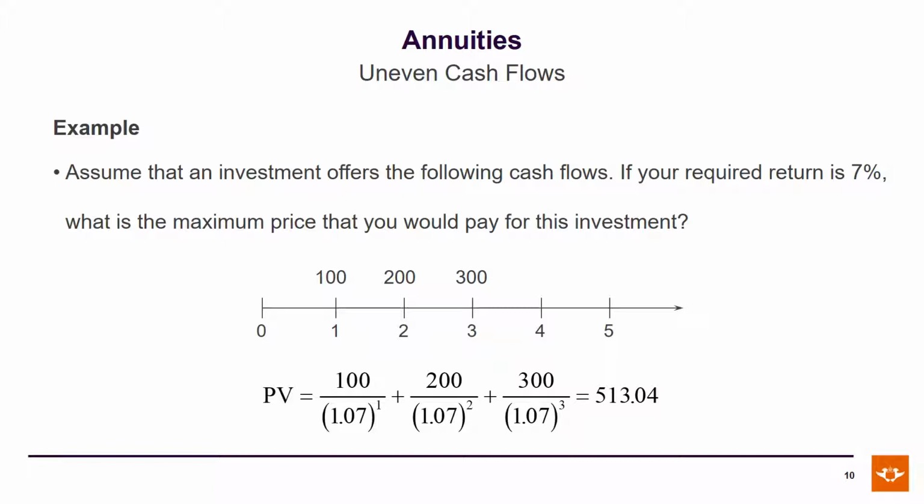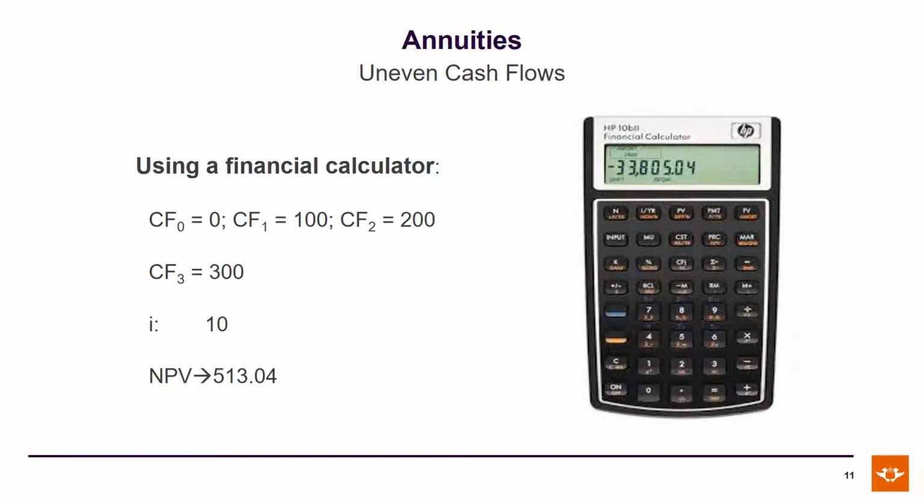Now, instead of using the formula, you could actually use your financial calculator to do this calculation. You just have to use the cash flow function. So if you look at the third row from the top, the middle button, you'd see CFj. You would have to input your cash flows into that. So we have no cash flow 0, so you put 0 for cash flow 0.